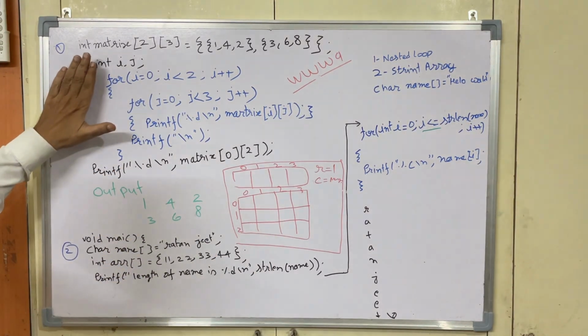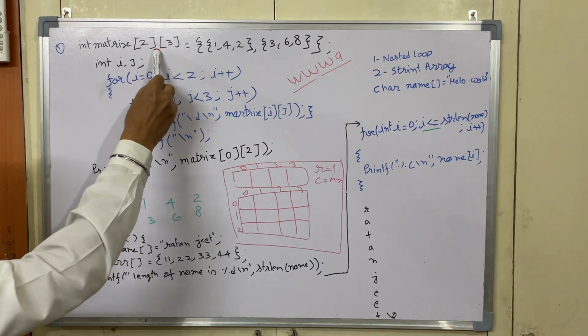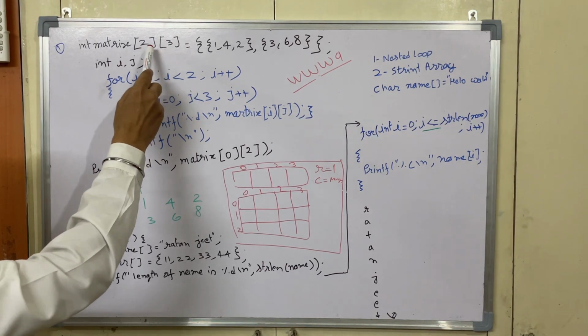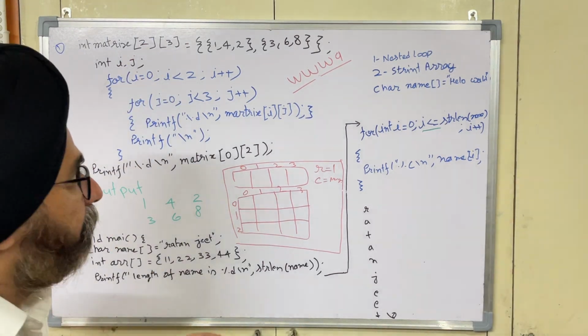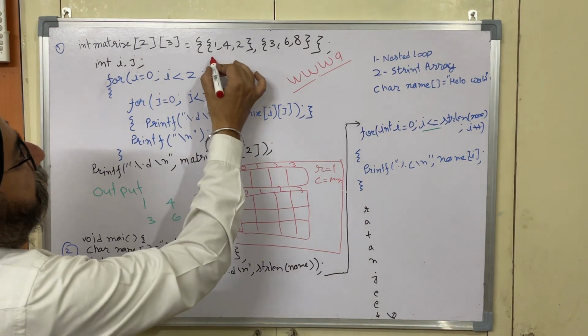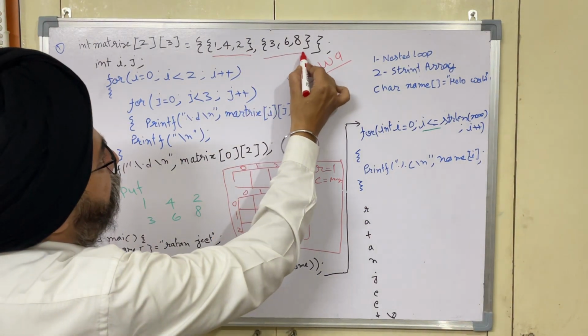I am using int matrix 2 3. It means we have 3 rows and 4 columns because it is starting from 0. I am using this approach. This is for the first row, this is for the second row elements.